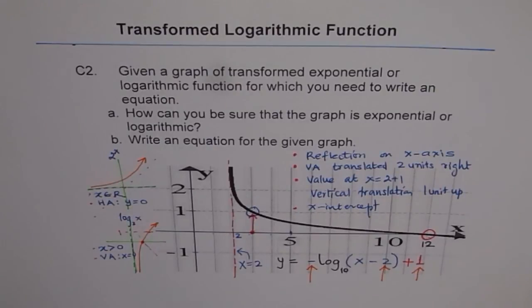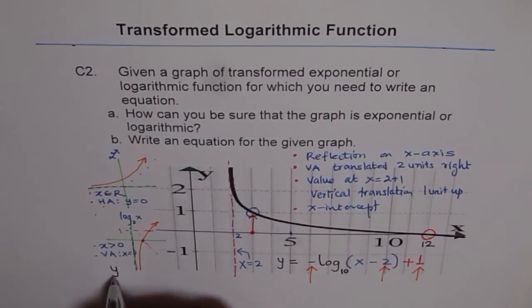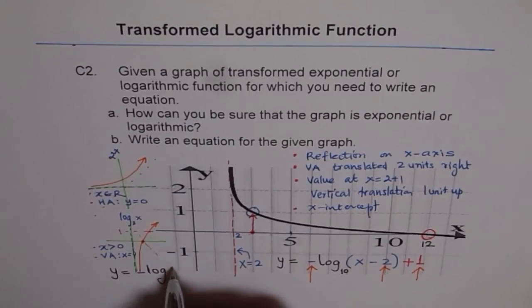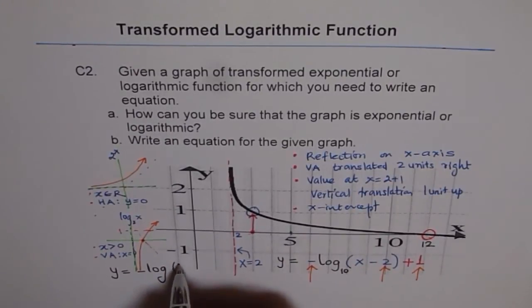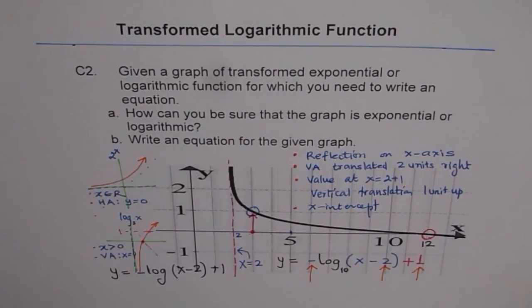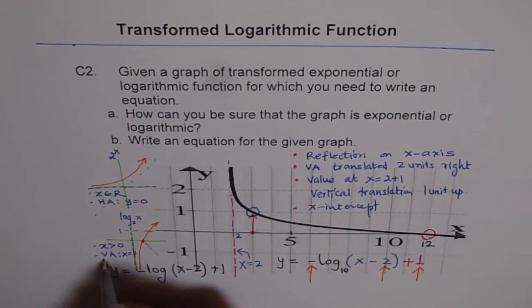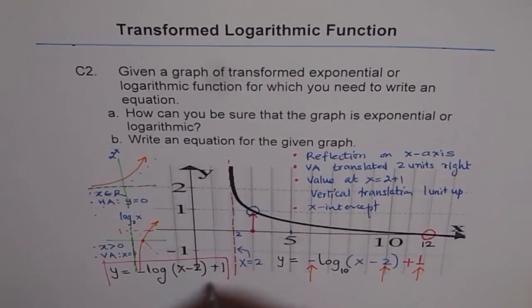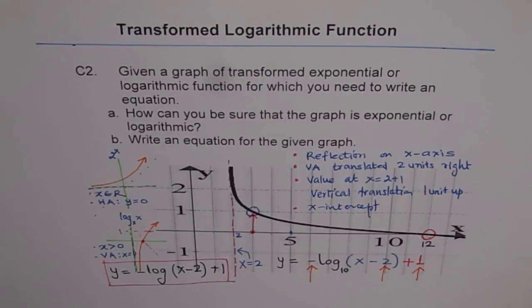So finally, our answer is y equals minus log to the base 10 of (x minus 2) plus 1. So that is the equation of the given graph. Thank you.